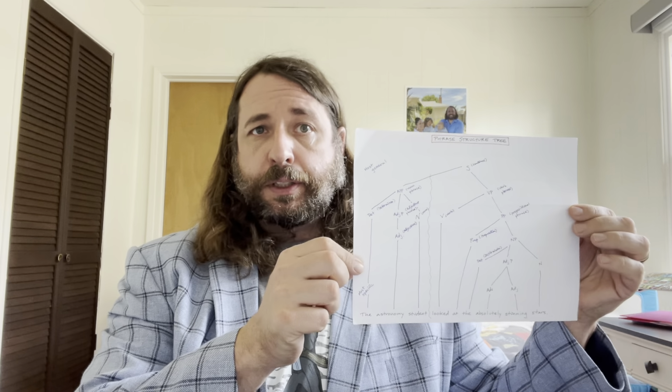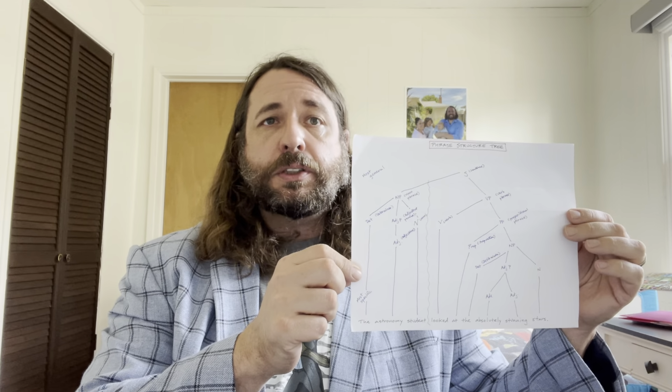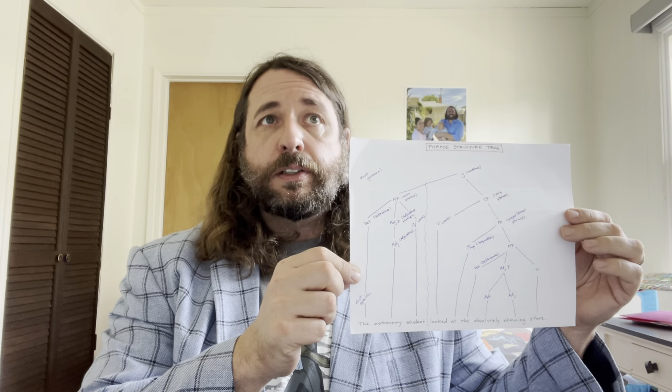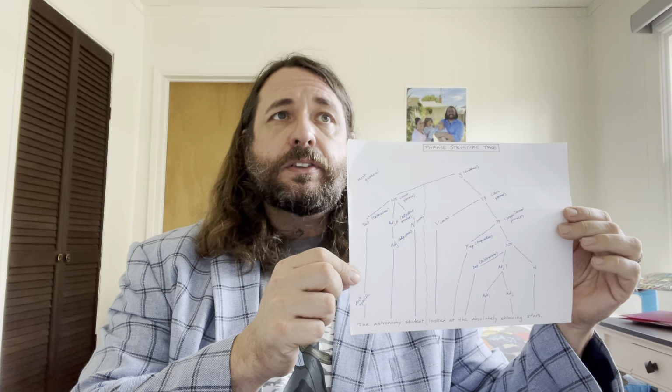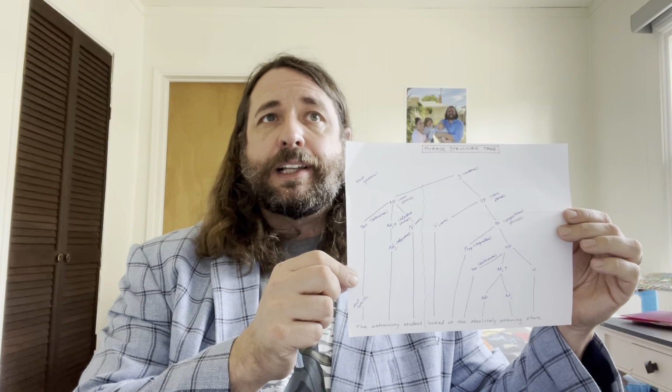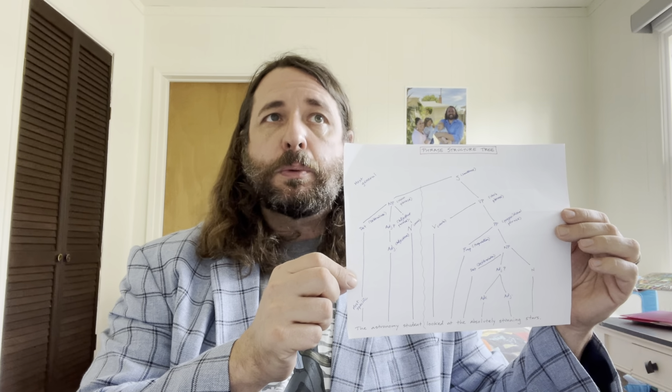So our first step in creating a phrase structure tree to diagram a sentence such as, the astronomy student looked at the absolutely stunning stars, might be to use those abbreviations to identify the lexical category to which each of the words in it belongs.